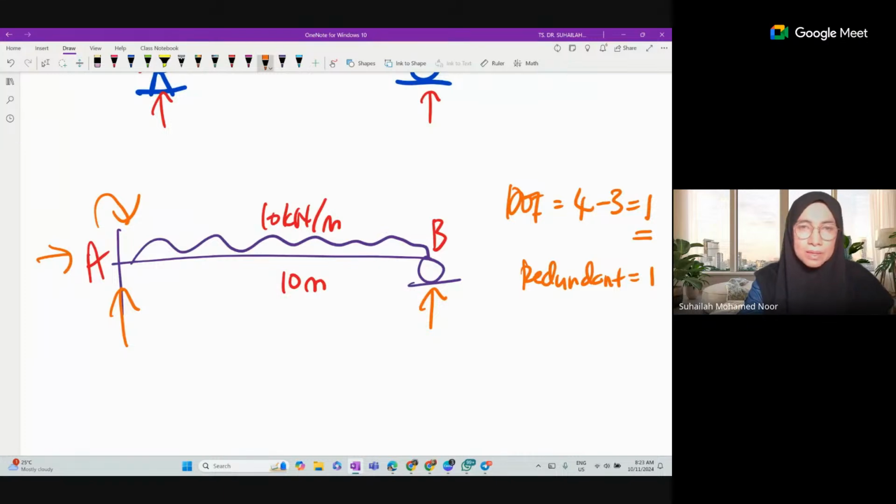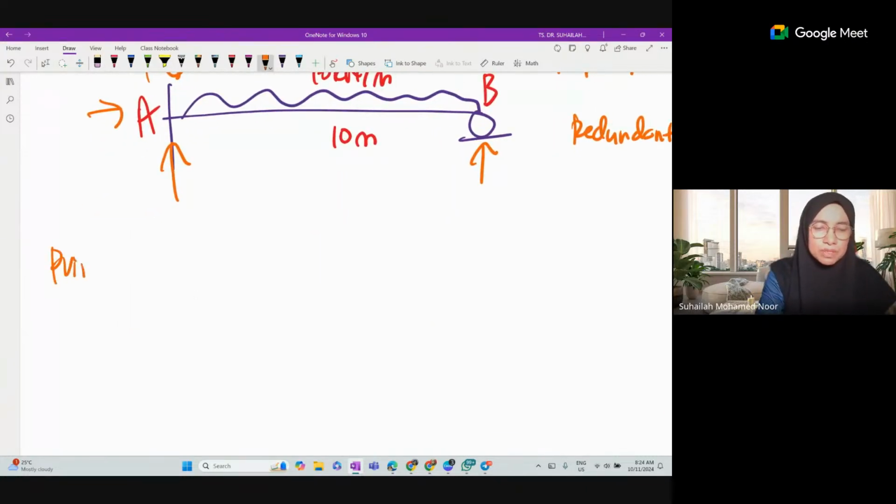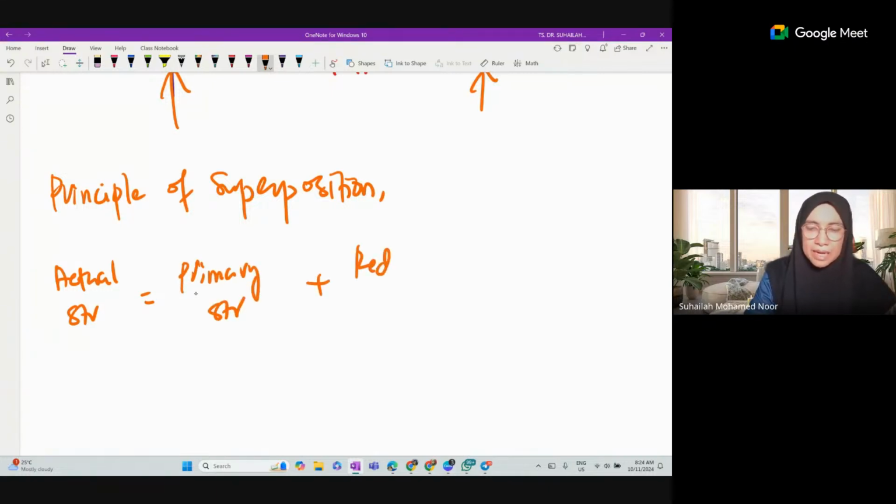One redundant, like this. By applying the principle of superposition, the general equation states that the actual structure is equal to the primary structure plus the redundant structure.